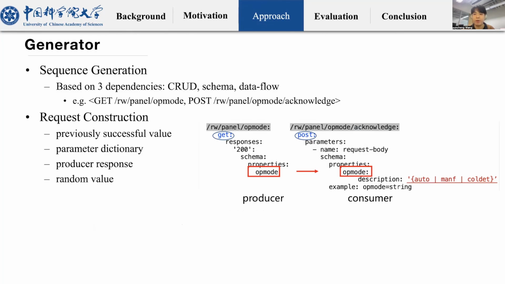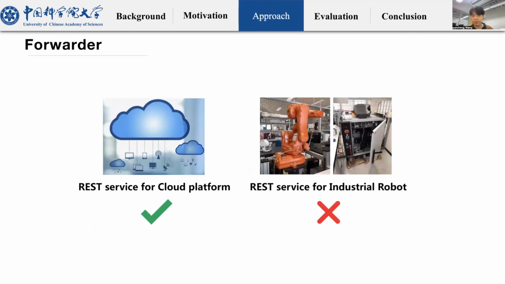Second, if the parameter exists in the dictionary we built earlier, it randomly selects a value from the dictionary corresponding to the parameter name. Thirdly, if the parameter for one operation depends on the response of a previous operation, we wait for the earlier operation to complete and retrieve the required value from its response. Otherwise, if none of the above applies, we assign a random value as the parameter value.